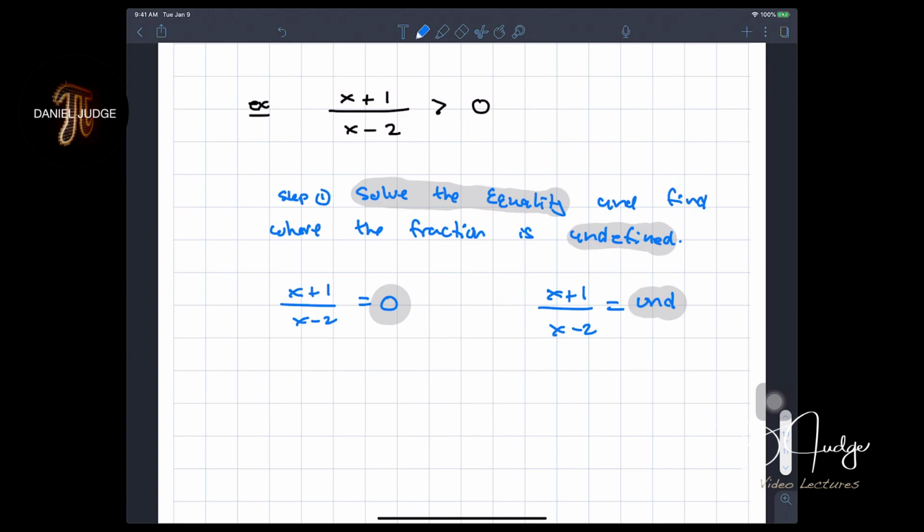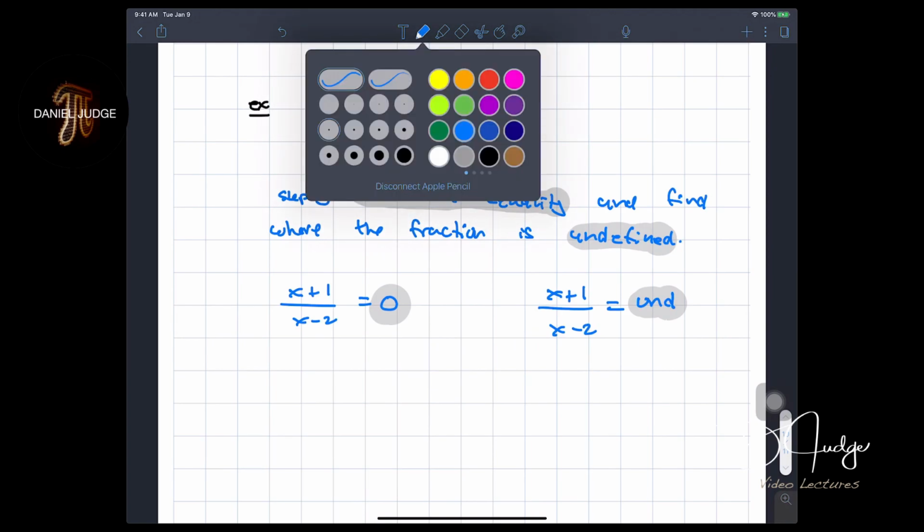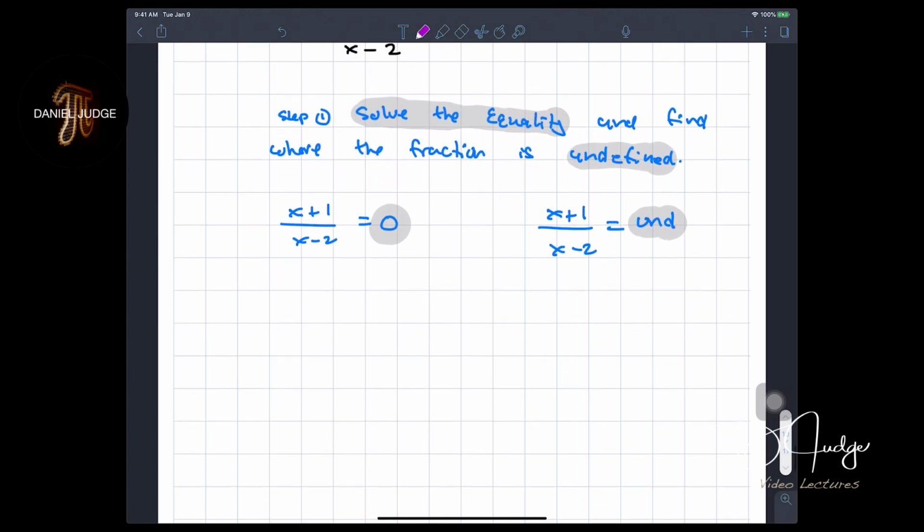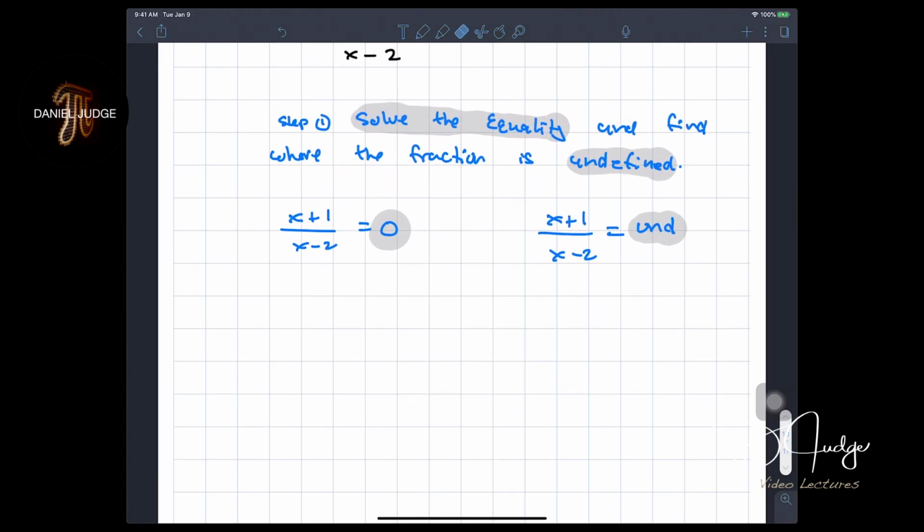It's simple, but we have to know a few facts here. So here's a few notes. We'll use purple. The two notes we have to use. If a fraction in your life ever equals 0, then you know what that means? It means the numerator was 0.